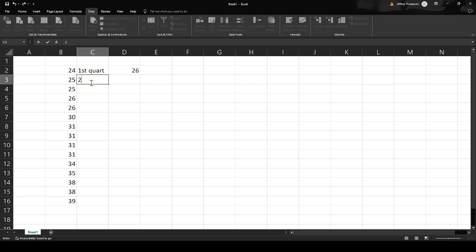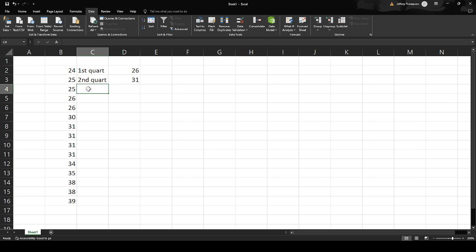Now the second quartile is the same as the median, but I'll use the quartile command also. So I'll go QUARTILE.EXC, because we want it to be exclusive, B2 to B16, and second quartile. And notice it's telling me here what the percentage of the data on either side is.